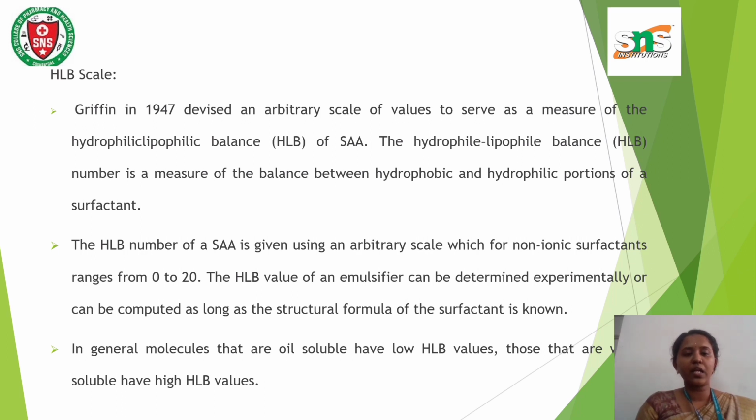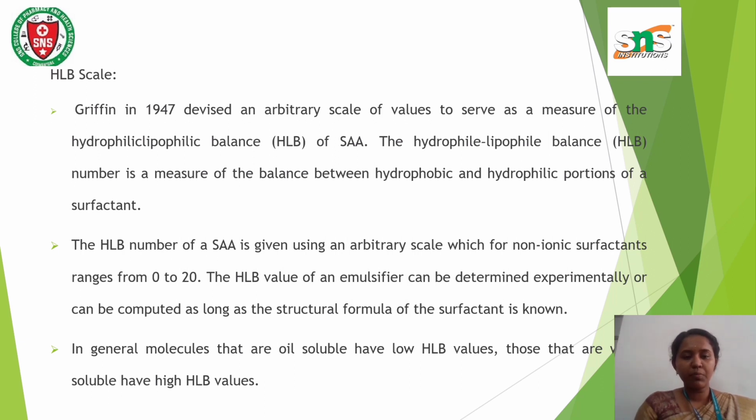HLB scale. Griffin in 1947 devised an arbitrary scale of values to serve as a measure of the hydrophilic lipophilic balance, that is HLB, of surface active agents. The hydrophile lipophile balance number is a measure of the balance between hydrophobic and hydrophilic portions of a surfactant.